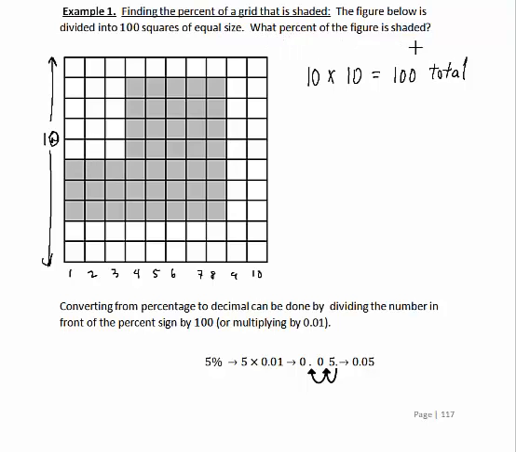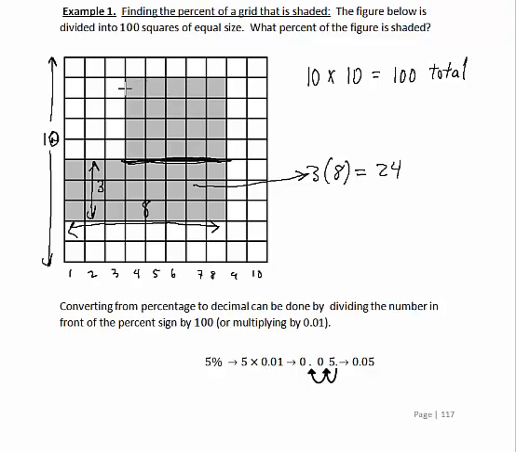Alright, how many do we actually have shaded? And that was the question, what percent of the figure is shaded? Well, we have 3, and then if we run the length of this bottom piece, let's see, that is 3, 4, 5, 6, 7, 8. So if I chopped off this bottom part, I would have 3 times 8, 24.